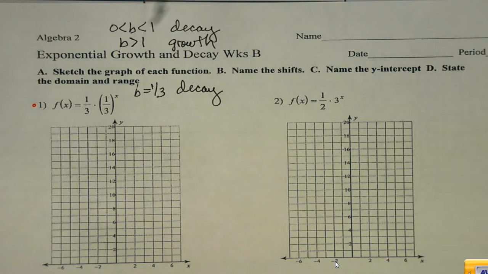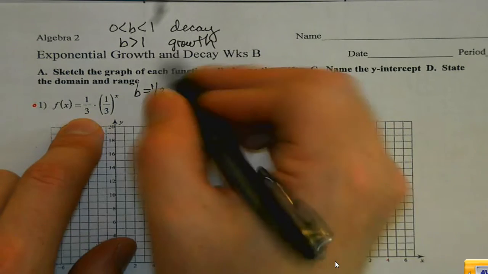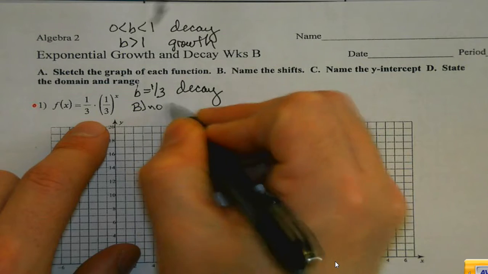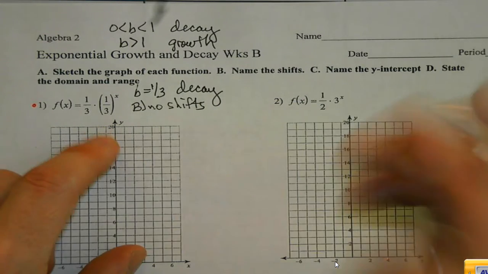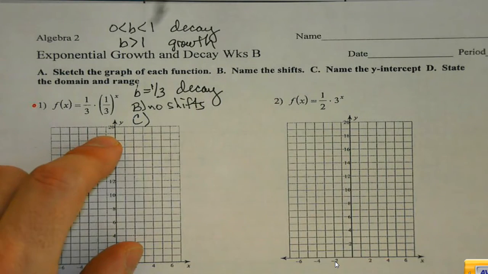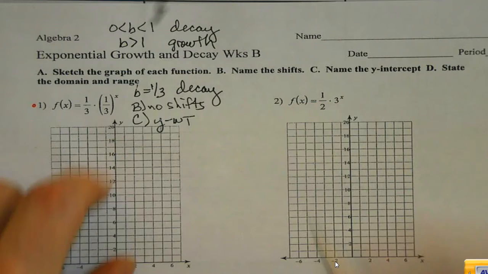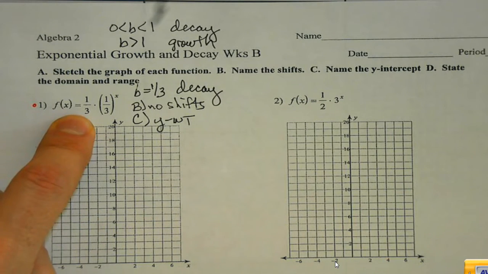Name the y-intercept since there's no shifts. No shifts. My y-intercept, we've talked about a couple of ways I can do this. If there are no shifts, it's going to be my a value.